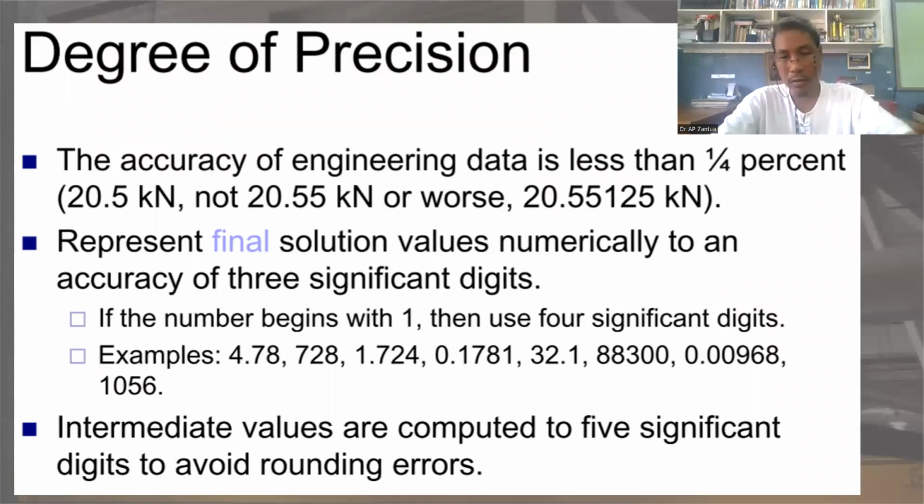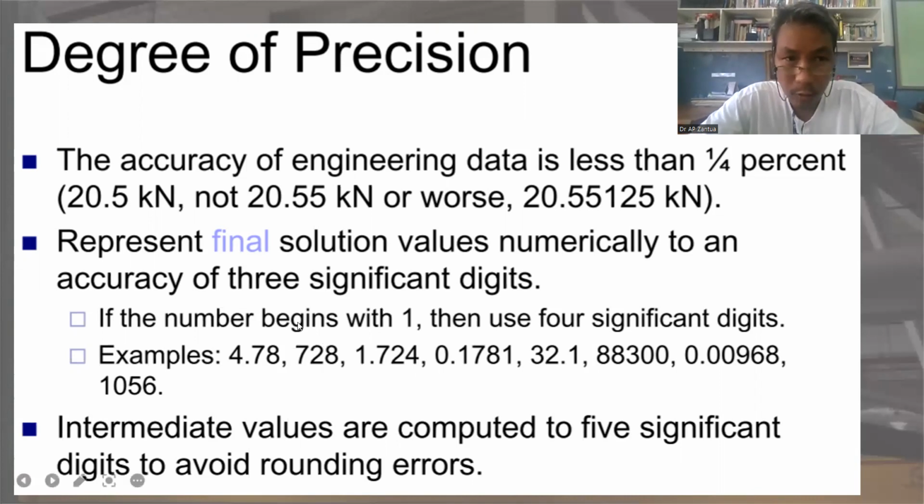Now let's talk about degree of precision, because we will use computers, apps, Excel, or a calculator. Let's discuss the degree of precision. The accuracy of engineering data is less than 1/4%. Take note of this.